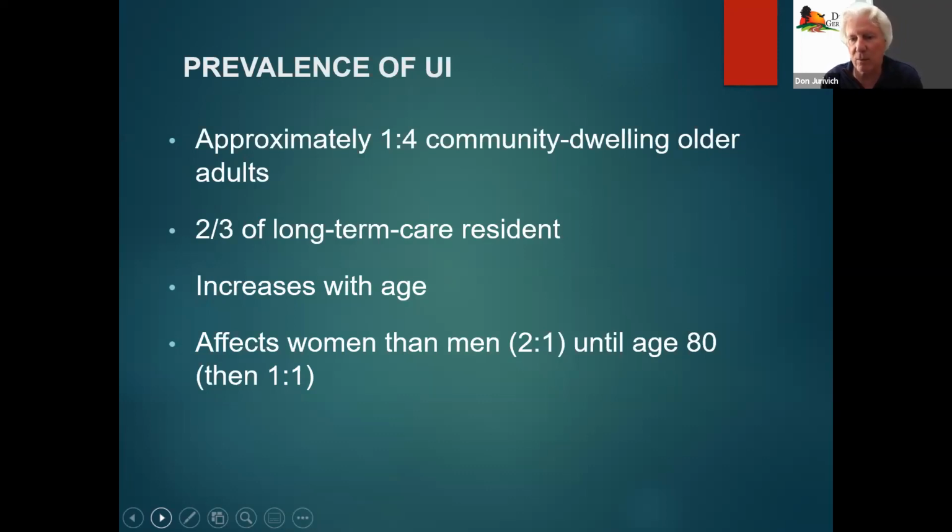Women are affected more than men. And then interestingly, at the age of 80, it's basically gender equality for urinary incontinence. And I think most of us know what the conditions are for women being predisposed to urinary incontinence, and we'll go over those just as a review shortly here.